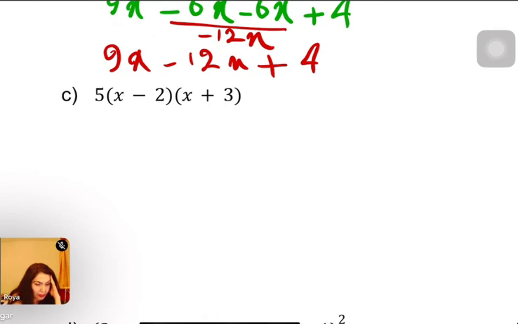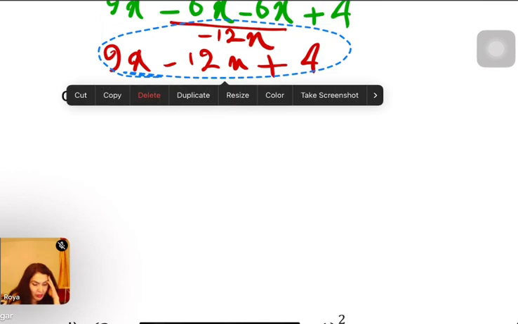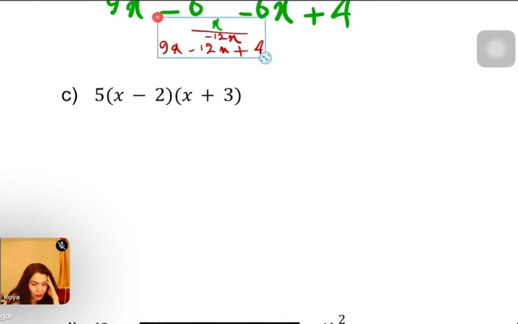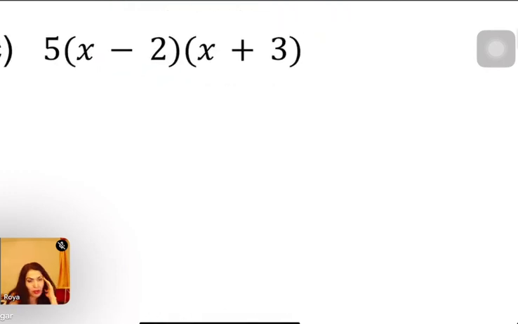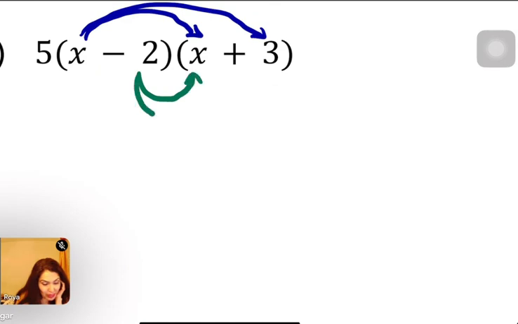Okay, let me make the other part smaller so it's not in your way. First, multiply x by x and x by 3. And then multiply negative 2 by x and negative 2 by 3.